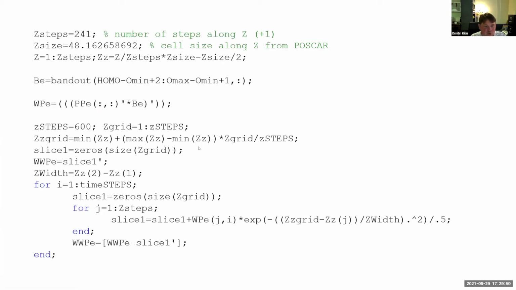Here is one line, and below there are like 10 lines. I guess here the PPE is the same as before, and then we multiply something. This means it's the PPE projected onto space. So what we are doing next is the time evolution for each step.